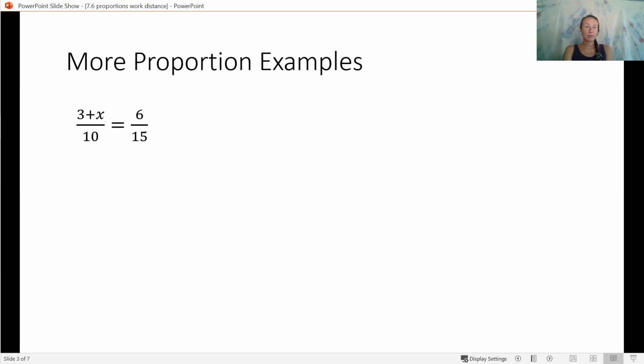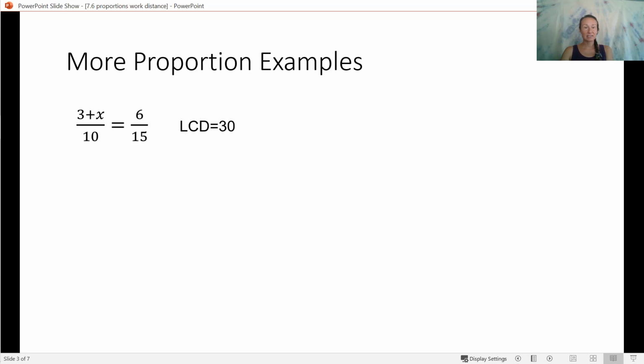Let's do one more example with just a little more complicated proportion. Here we have 3 plus x over 10 equals 6/15. In this case, we can see that we have an LCD of 30. For something like this, where I can see the LCD really clearly, I prefer to just use the LCD method.